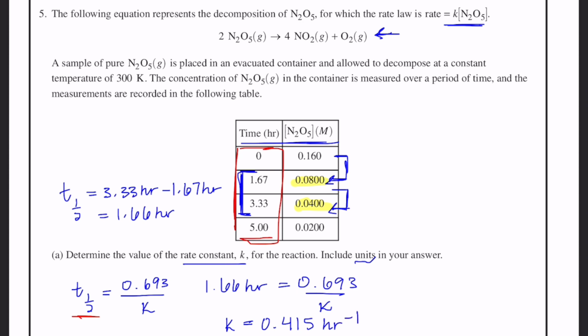And it's definitely important to have your units throughout, because I'm pretty sure that there's going to be a point just for the units.